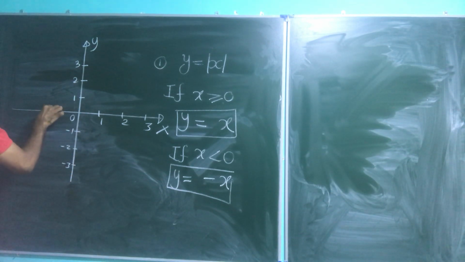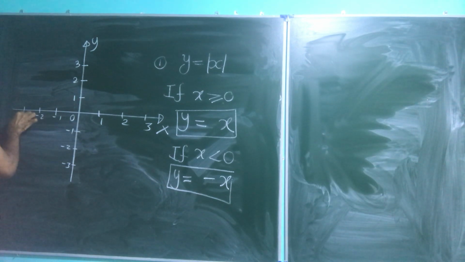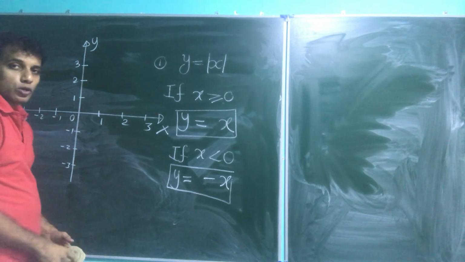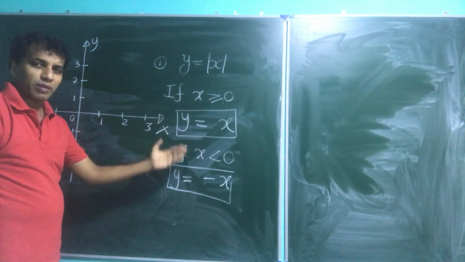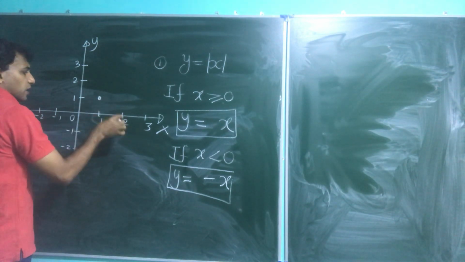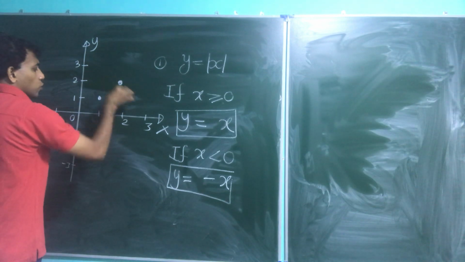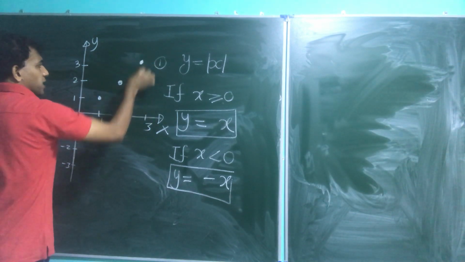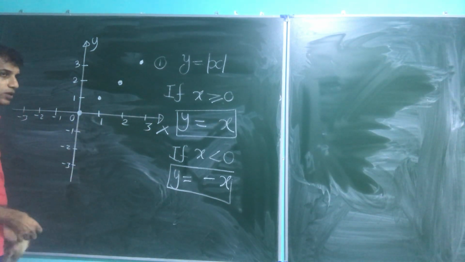Left hand side here minus 1 x values. Okay. So see how to draw y equal x, your primary mathematics. X1, y1, x2, y2, x3, y3, x0, y0.